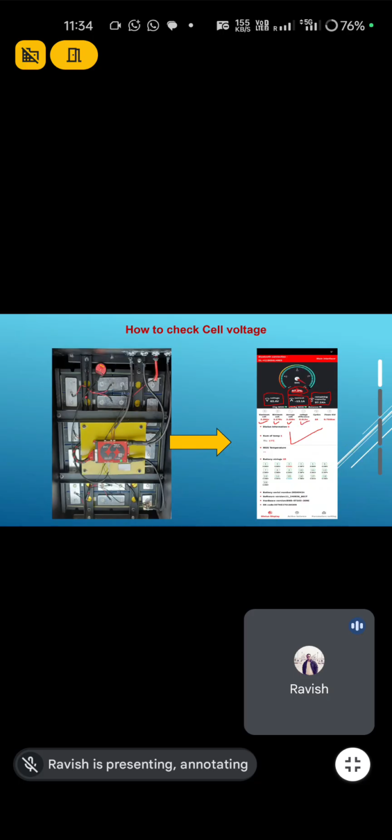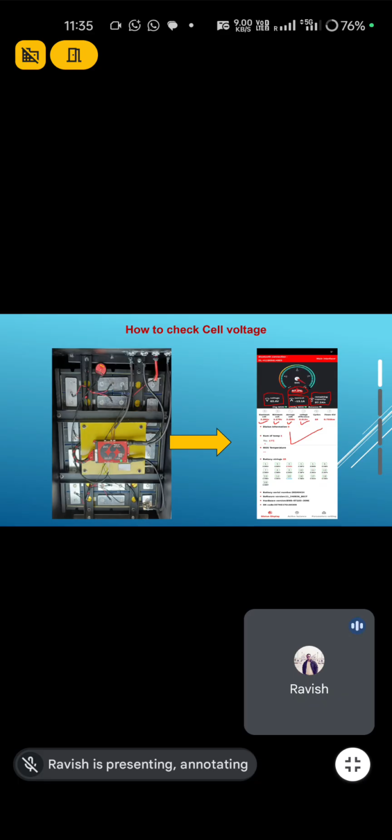The difference cell voltage should be lower than 0.2 volt if your battery is at nominal voltage.